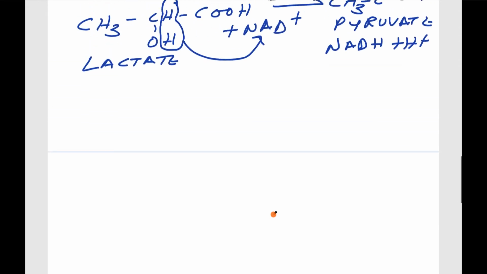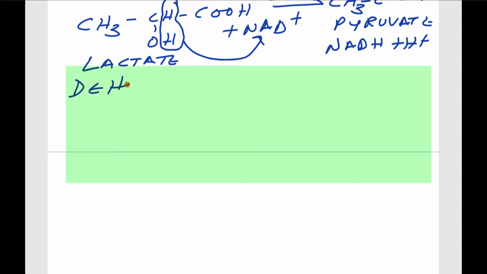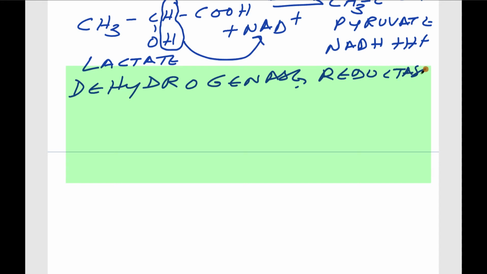What are the various enzymes under this group? Various subclasses are there: dehydrogenases, reductases, oxidases, then peroxidases.